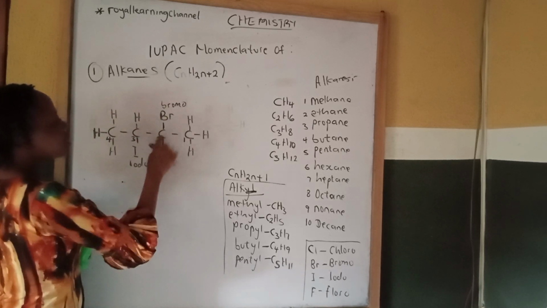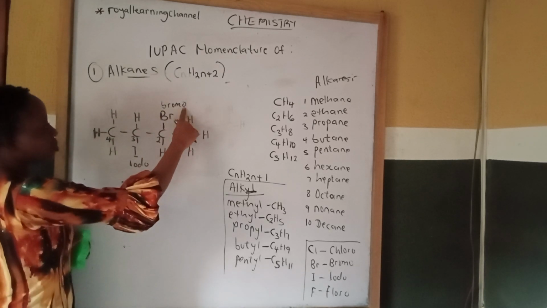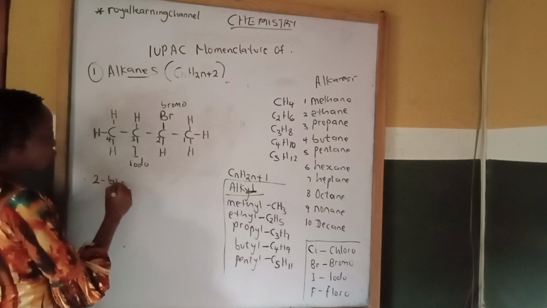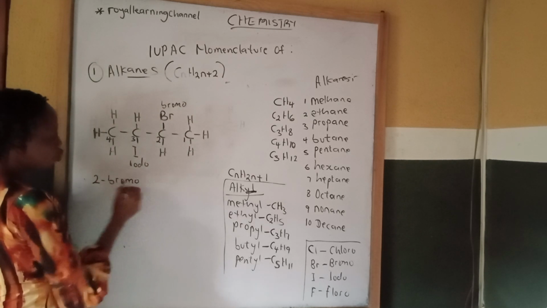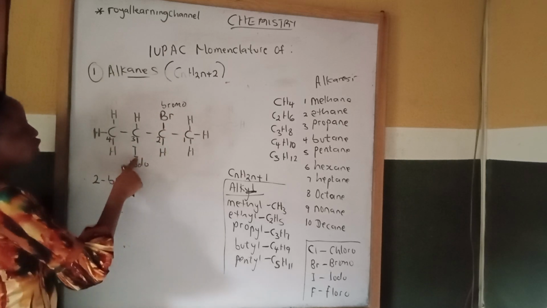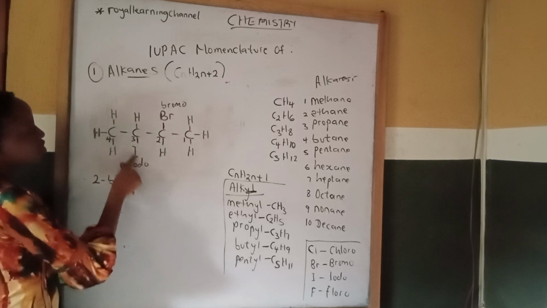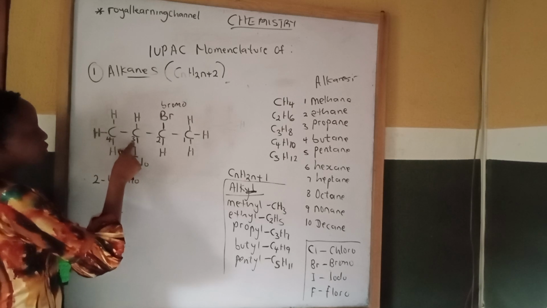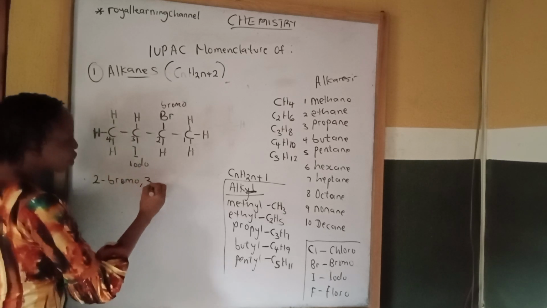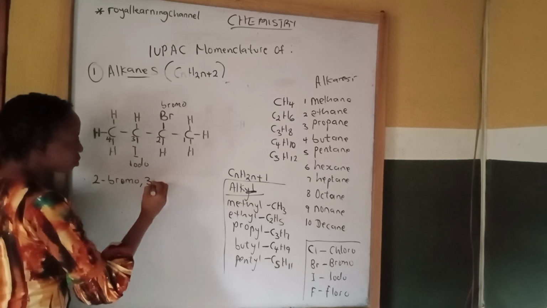My bromine is on the second carbon atom. So what will you call it? 2-bromo. Then your iodine is on the third carbon atom. So you call it 3-iodo.